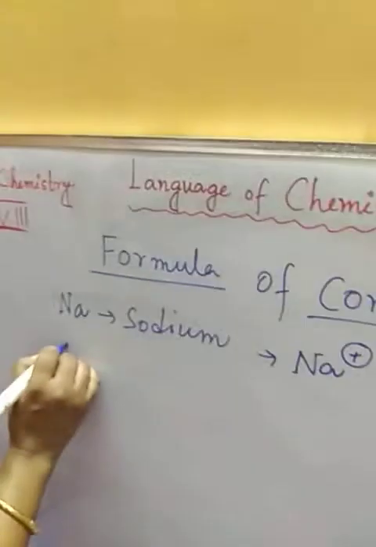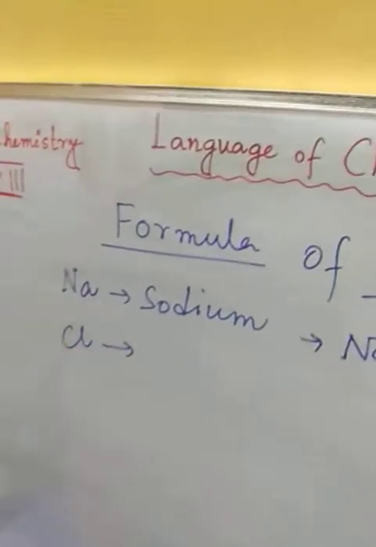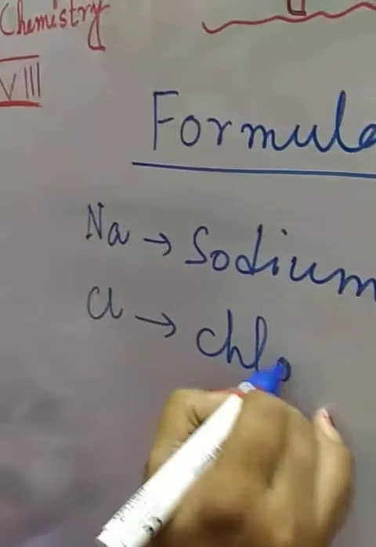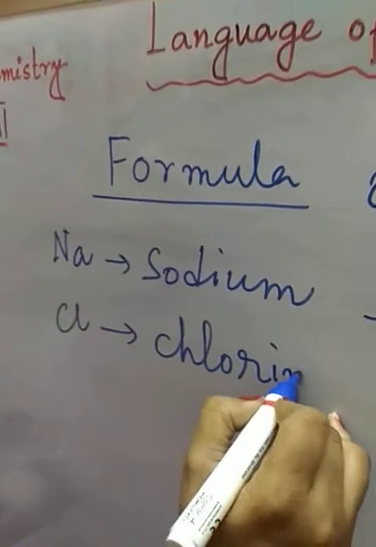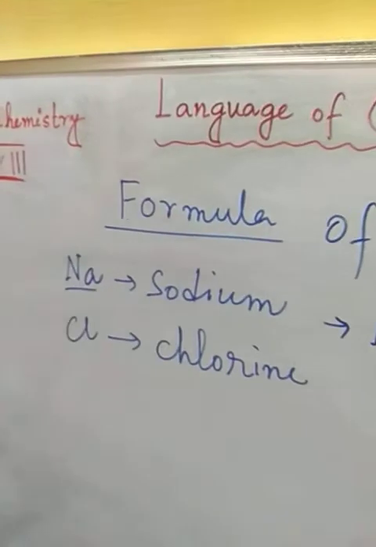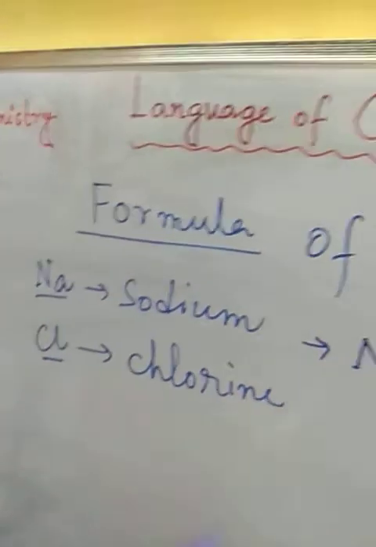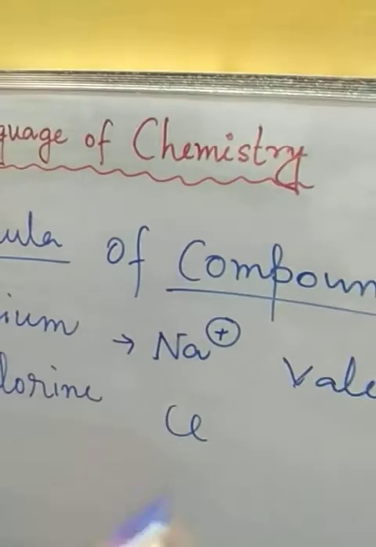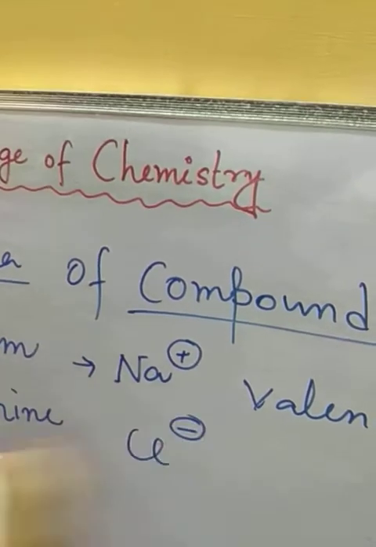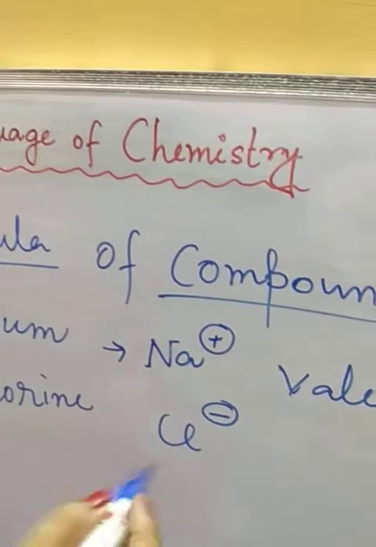Now chlorine. This is a single atom of sodium. This is a single atom of chlorine. When we write the chloride ion, we write it in this manner, Cl minus.